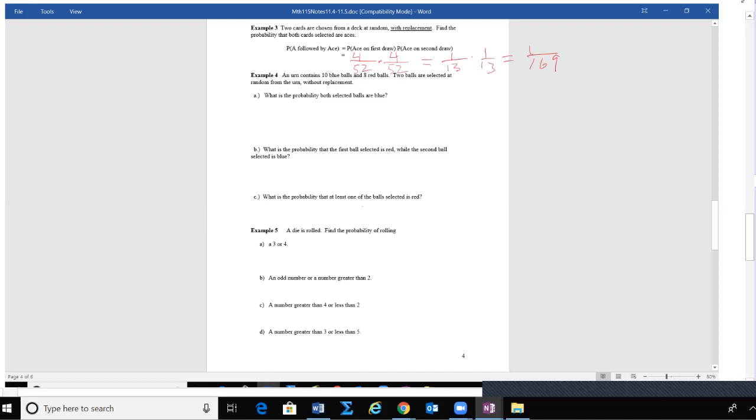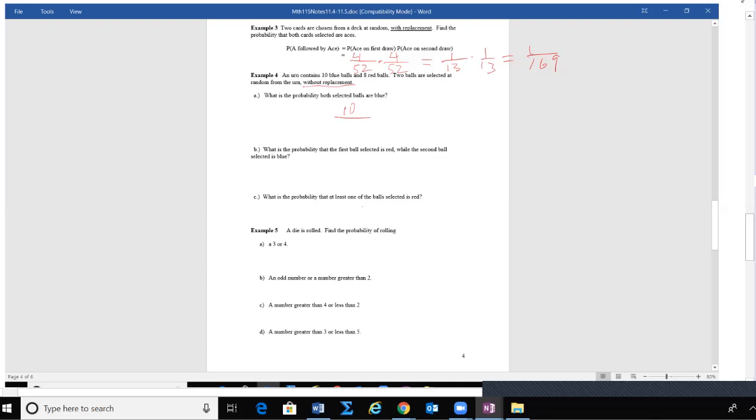An urn has 10 blue balls and 8 red balls. 2 balls are selected at random from the urn without replacement. What's the probability that both selected balls are blue? Well, notice without replacement. Pay attention to those phrases. So we want a blue ball, which is 10.